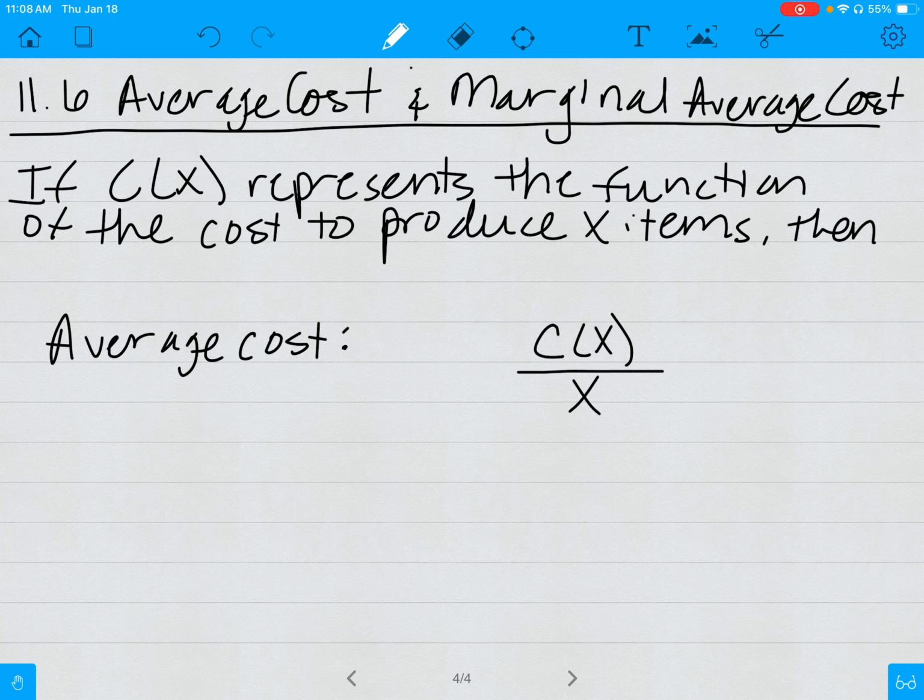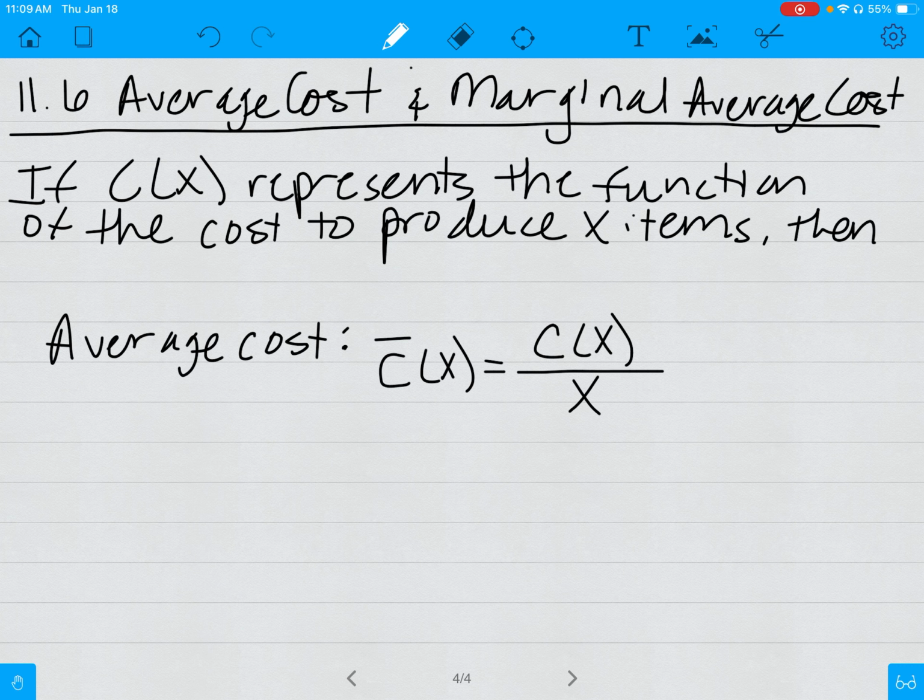And that's the function that defines average cost. Now, the symbol that we use to represent the average cost function and differentiate it from the regular cost function C of X is we put a bar over the C. Okay, C bar of X. So that represents average cost. And we get the average cost function by taking the cost function and dividing by X, the number of items produced.